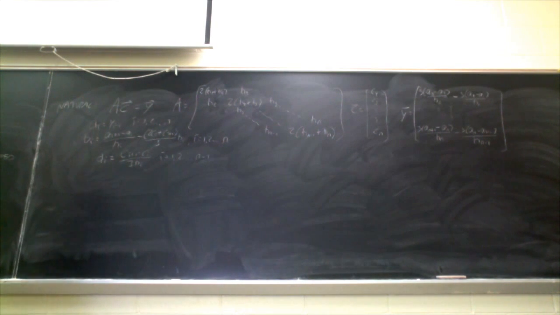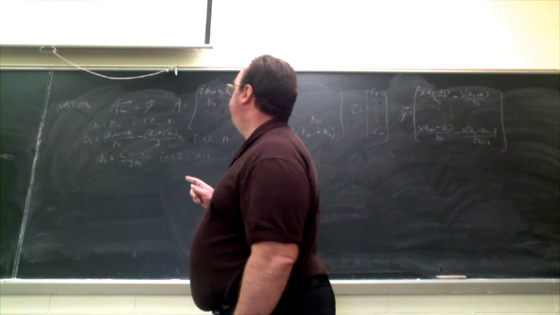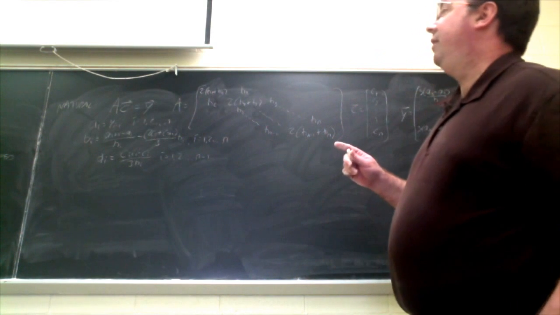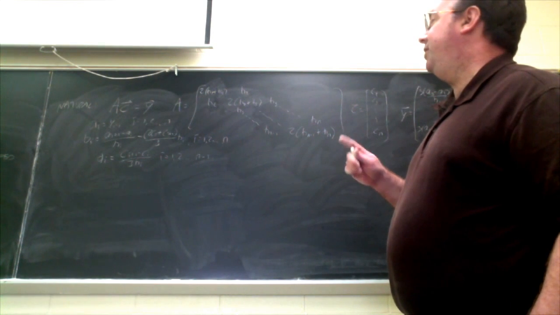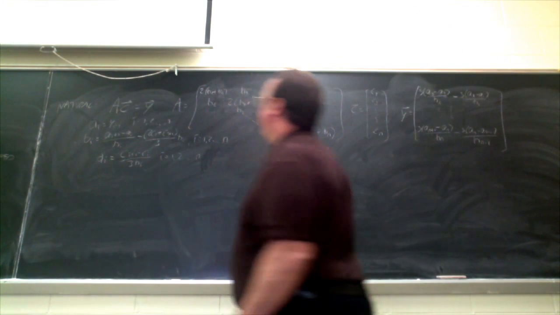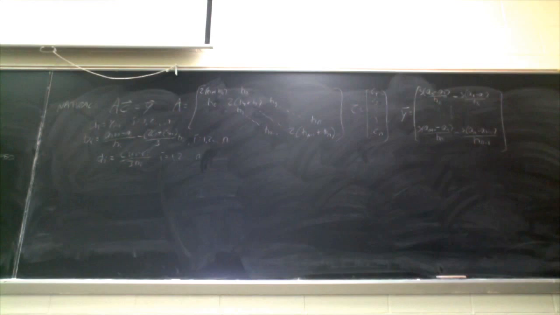And then for the boundary condition, we have for the second derivative, well, in fact, since we need the second derivative to be 0, and that involves Dn, this applies all the way up to n.